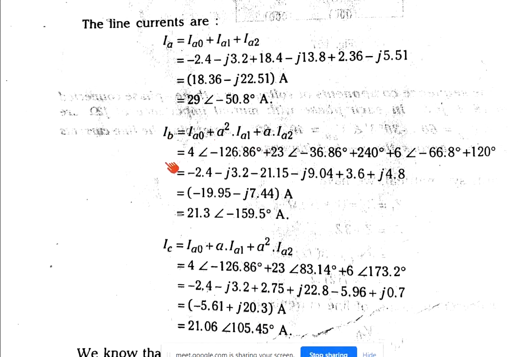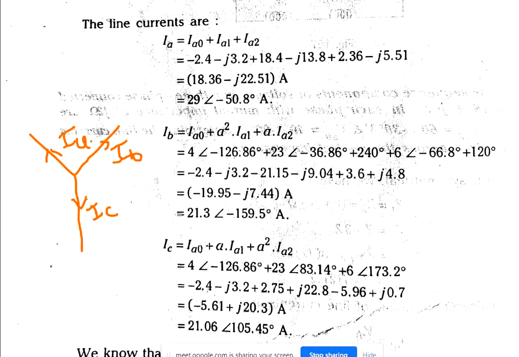Now similarly IB, how will we write IB? How will you write IB in terms of IA?